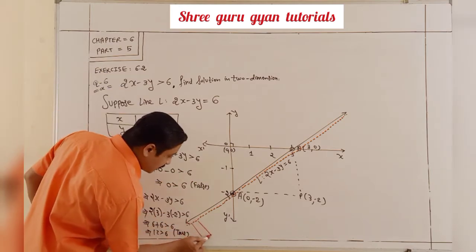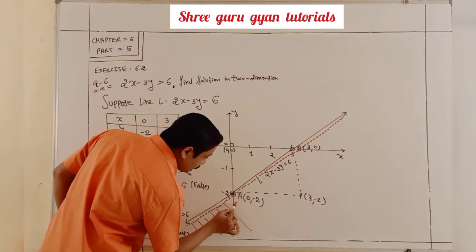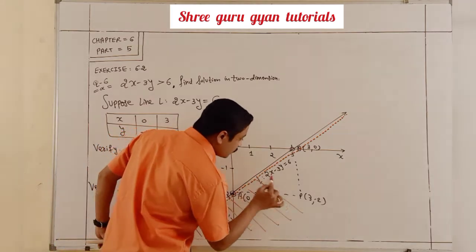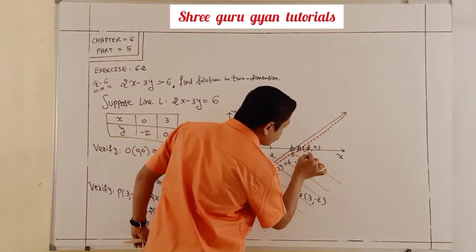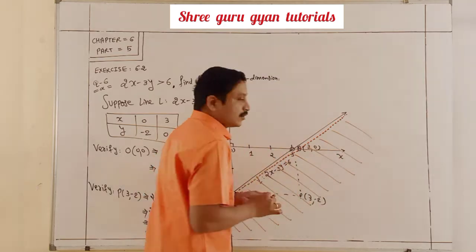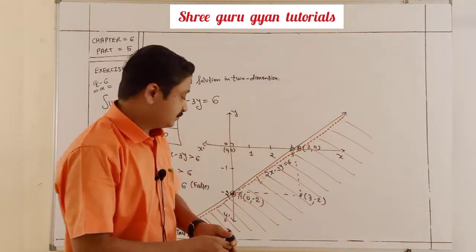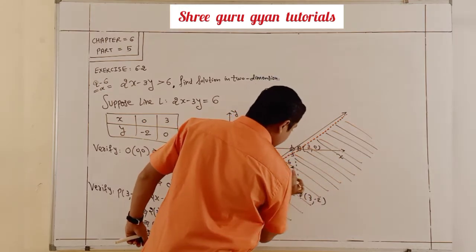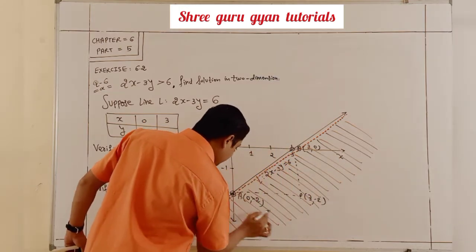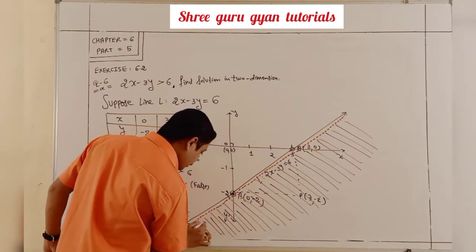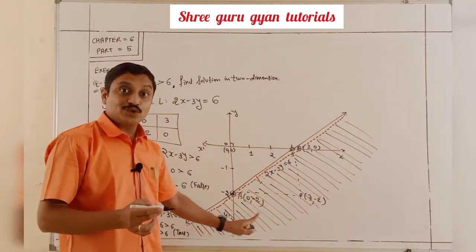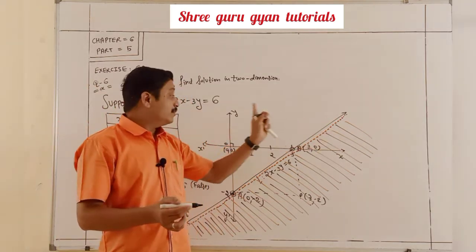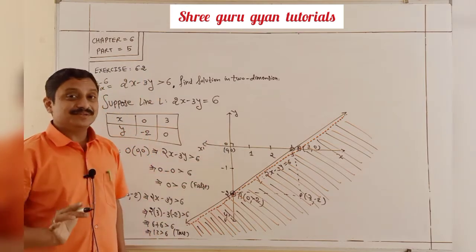And here I shade passing this way. You can also use a different color pen to shade the portions. Students, this is the shading passing through. Check: third quadrant, fourth quadrant, and first quadrant, but never passing through the second quadrant.